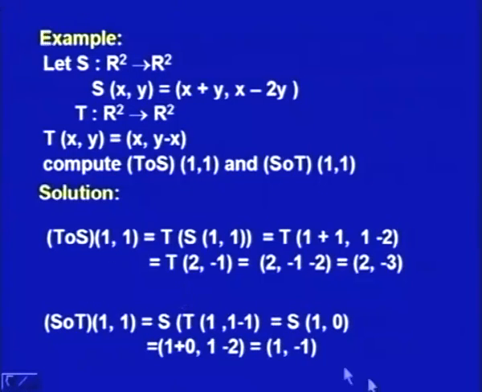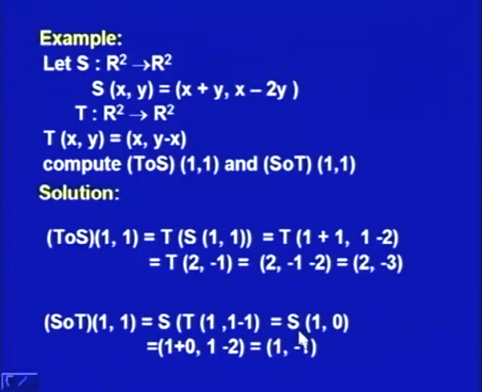while S composite T on 1 comma 1 is equal to S of T on 1 comma 1. I am first using this definition x comma y minus x. So, it is 1 comma 1 minus 1.